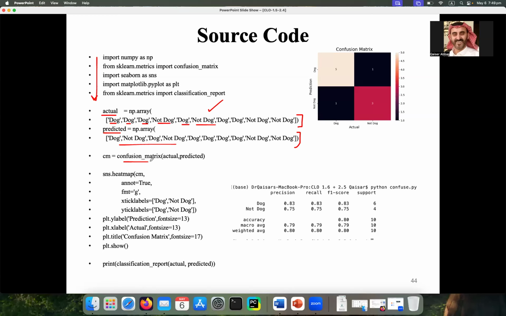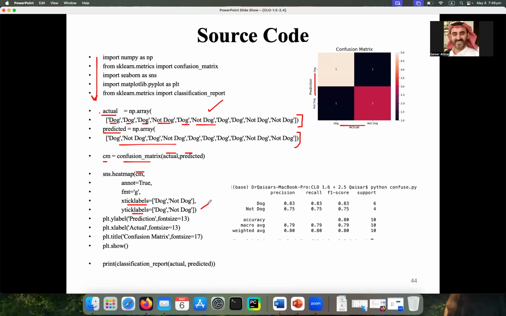And here, for the confusion matrix, you are giving the actual and predicted arrays into it, and logically the confusion matrix is drawn in memory. You have this cm, and now you are setting it. You are taking x tick labels dog, not dog, and y tick labels likewise.